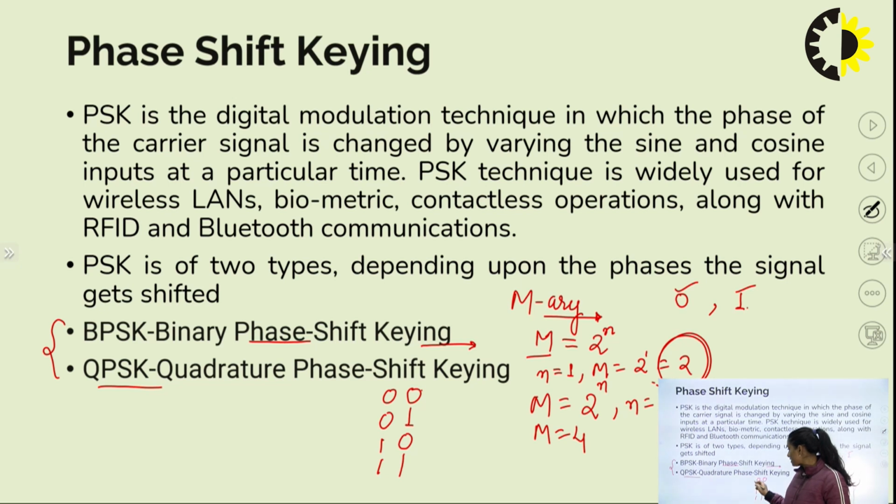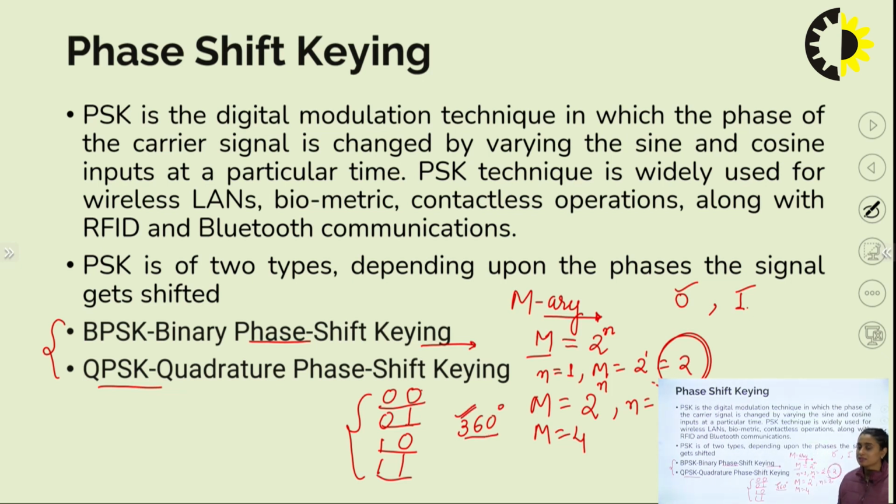So in QPSK, the phase variations will correspond to a dibit at a time, and there will be 4 phase variations, right? I know my circle is of 360 degrees. If I'm going to divide 360 degrees into 2 parts, considering BPSK, then my phase will be either 0° or 180°.